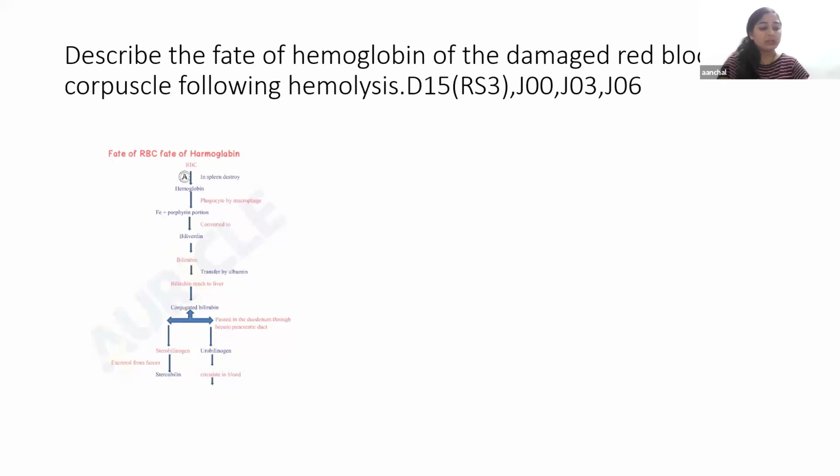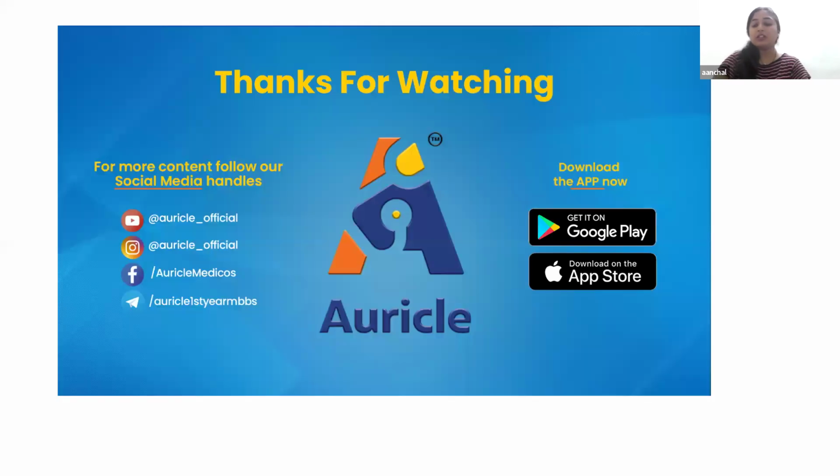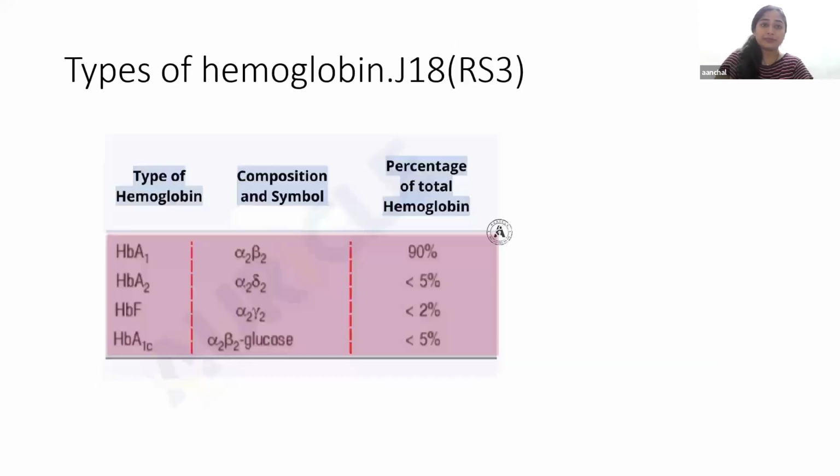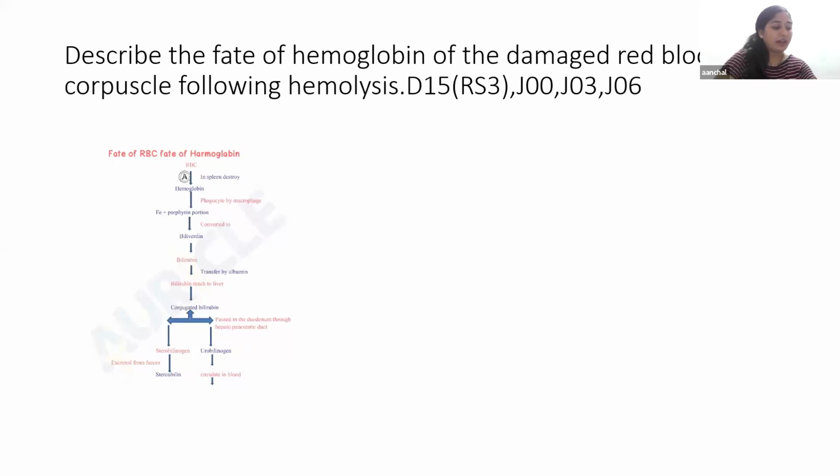Whenever we talk about hemoglobin, we know that RBC has a lifespan of 120 days, and after that, it leads to destruction of RBC. The destruction occurs in the reticuloendothelial system, particularly in the spleen. As the RBC gets destroyed, there will be ejection of hemoglobin.